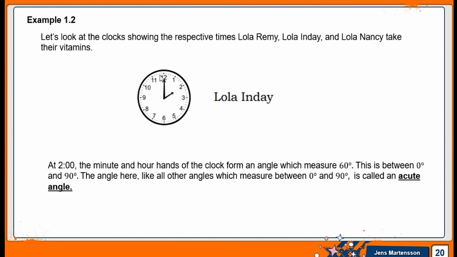This is between 0 degrees and 90 degrees. The angle here, like all other angles which measure between 0 degrees and 90 degrees, is called an acute angle. So this illustration of Lola Enday forms an acute angle.